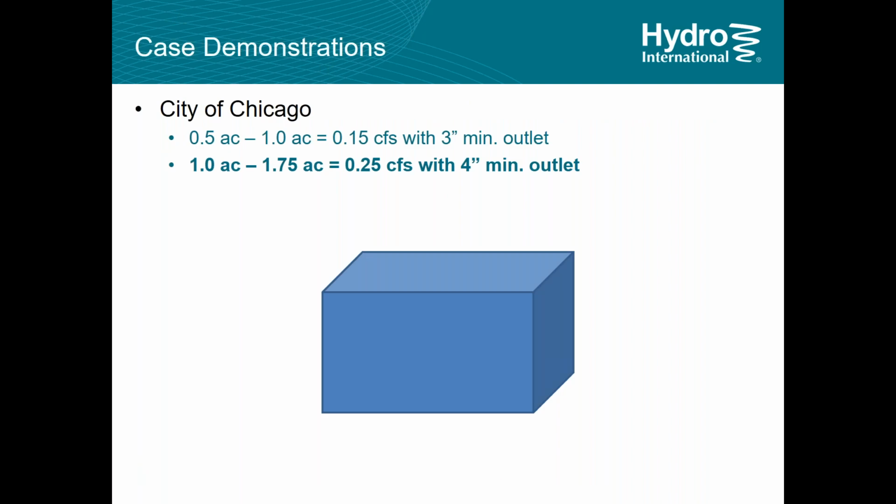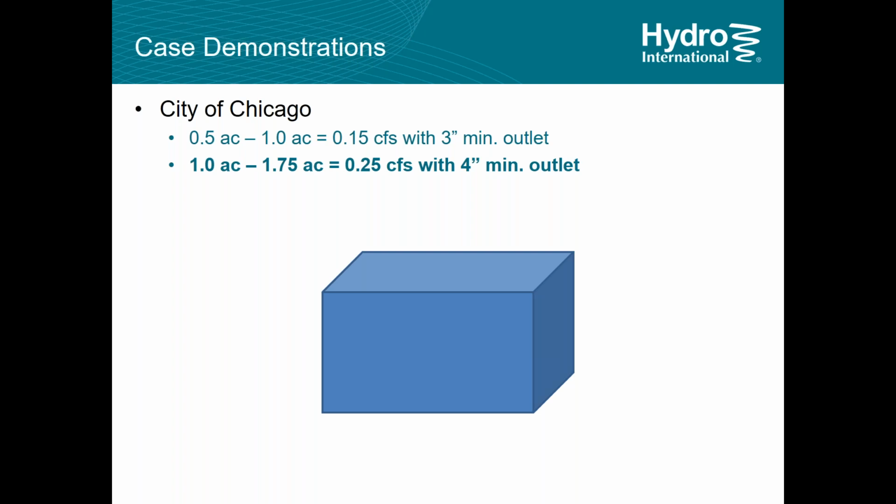Okay, so let's look at the footprint question. Now, this isn't a predetermined result, it just happened to fall this way. I live in Madison, Wisconsin, which is just north of Illinois, the Chicago area. Chicago is an area where vortex valves are used routinely. One of the main reasons is the City of Chicago discharge regulations on small sites.